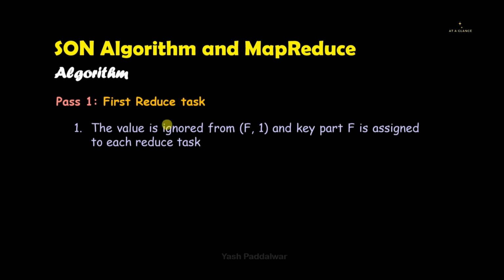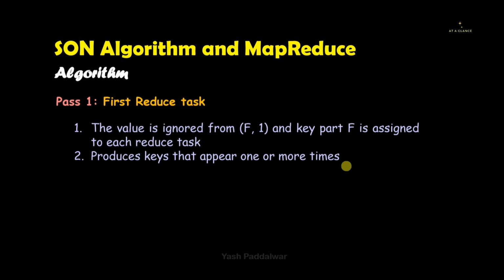As you know, from (f, 1), f is the key and 1 is the value. Here in the reduce task, the value will be ignored and only the key part will be assigned to each reduce task, because we are only concerned with the frequent item sets. In short, the significance of this first reduce task is that it produces keys that appear one or more times in the entire data chunk.